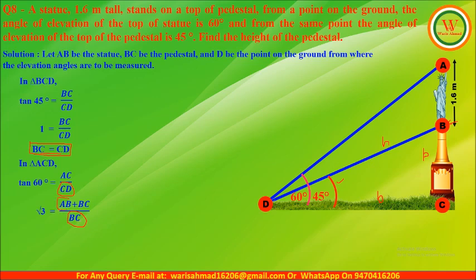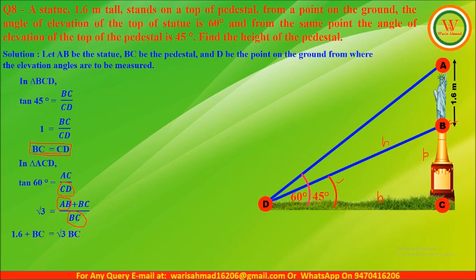In this figure we can see AB is the height of the statue, which is given 1.6 meter. So root 3 BC equals 1.6 meter plus BC, so we can write 1.6 plus BC equals root 3 BC.